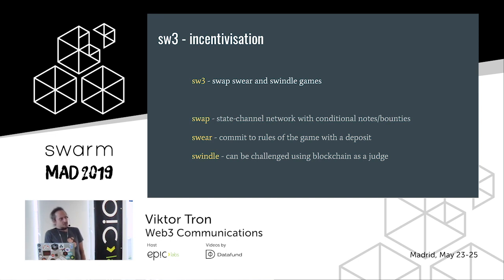And we have a solution to that, which is a peer-to-peer accounting system, where you can count service for service provision, so service for service exchanges.